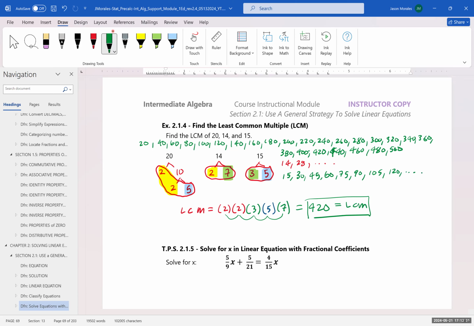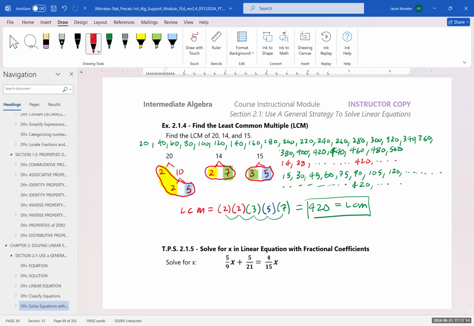You're not going to see a least common multiple until this comes out to 420, and you keep going. And of course with 14, you're not going to see a least common multiple until you get to 420. So that's going to be a really long and laborious process.